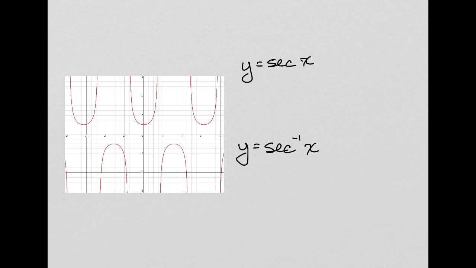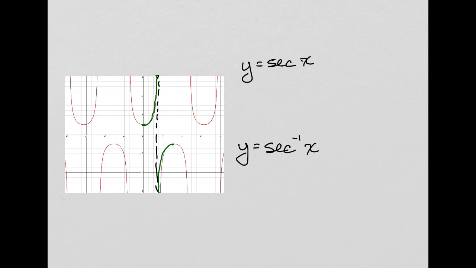For the secant function, really similar to what happened with the cosecant, just like we did with the cosine, I'm going to limit the domain to just 0 to pi, and just like the cosecant, I'm going to have to leave out this spot in the middle at pi over 2 where the secant function isn't defined.